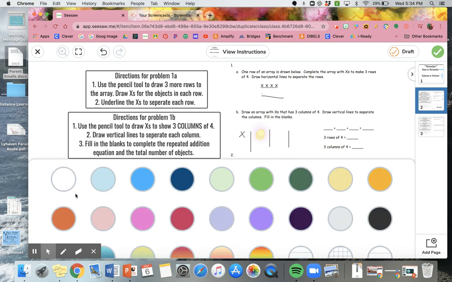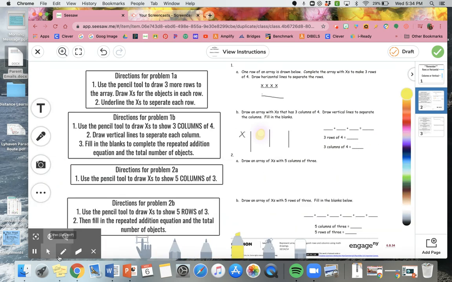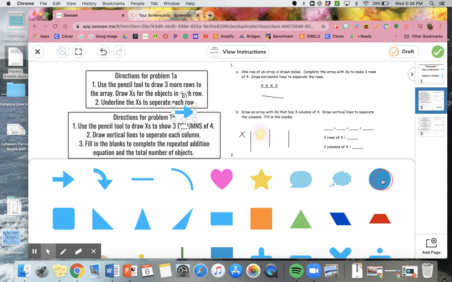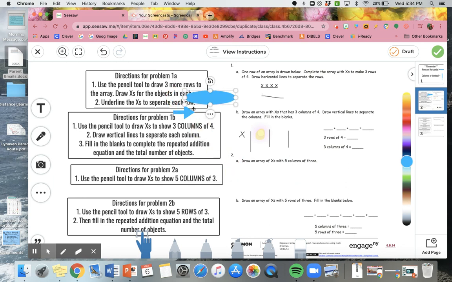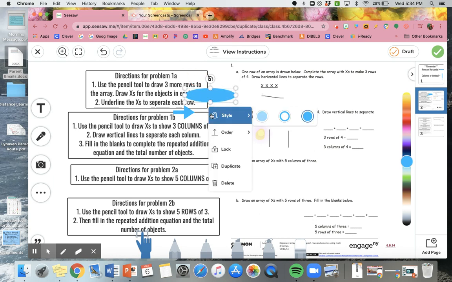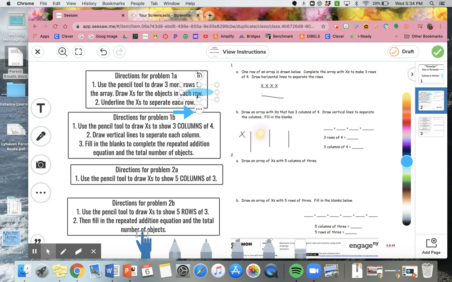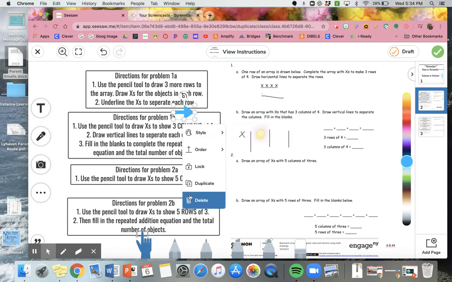Some of you are using these little shapes, and I think you're just making them smaller. So you could use little shapes, or you could just draw the X's, which I like to do because it's so much quicker. Okay, let me delete that.